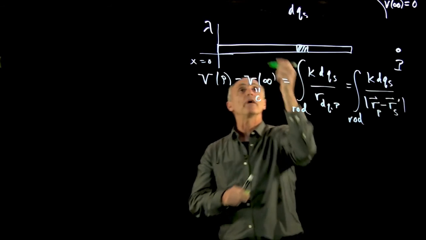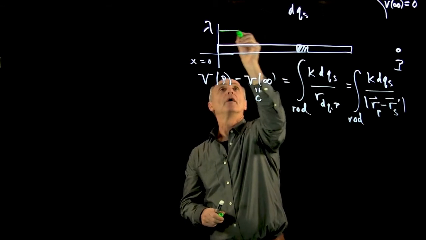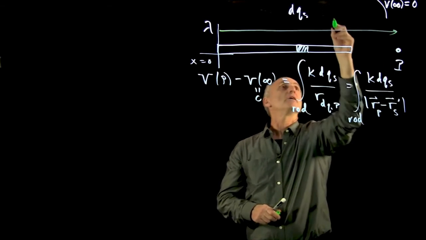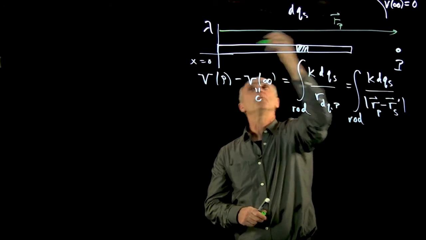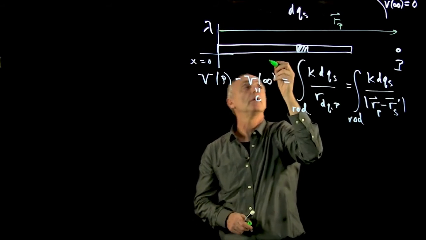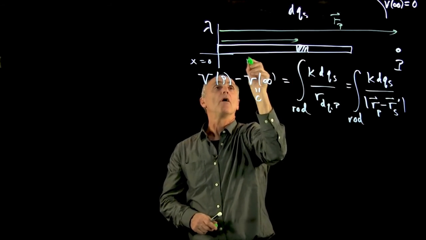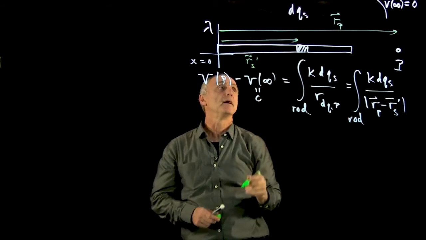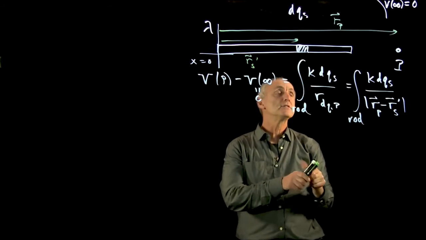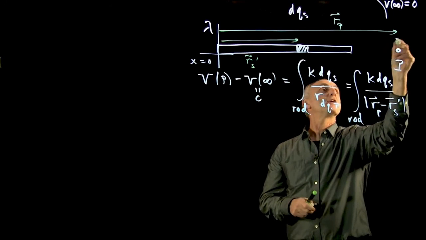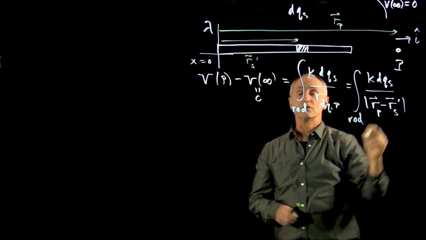Let's draw those out so you can see what they are. This is a vector from the origin to the field point. I had to displace it a little. And this is the vector from the origin r_s. Now I can continue my coordinate system if I choose this to be my positive y-axis.